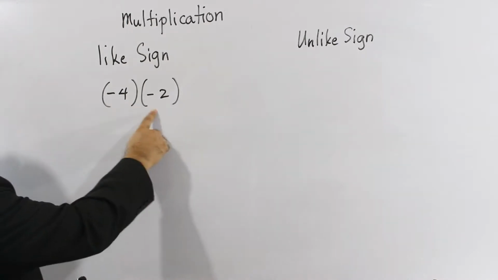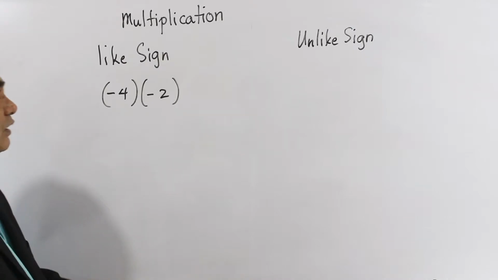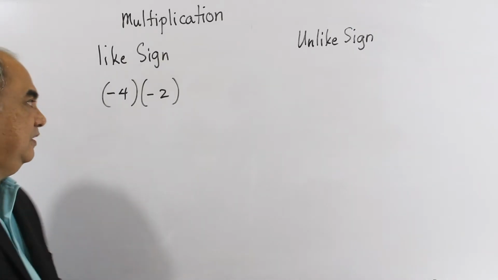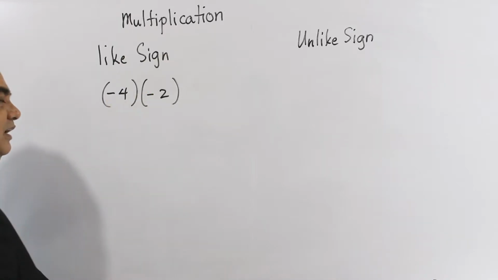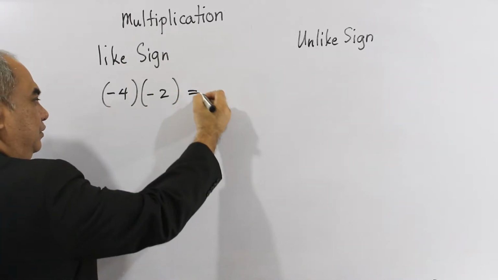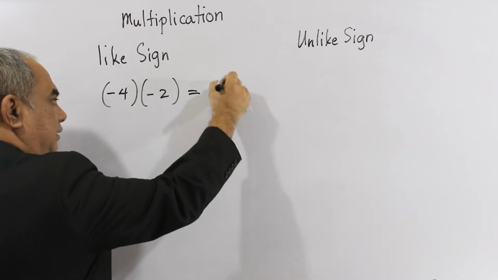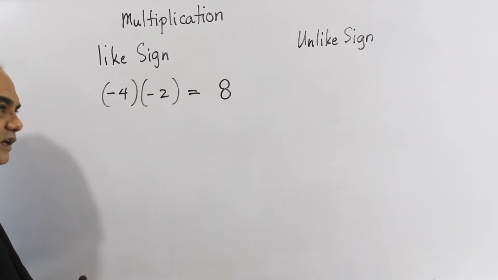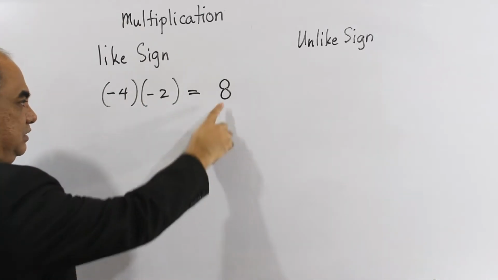So parentheses, or sometimes a dot, will signify that we are doing multiplication. So again, we have the same sign, negative 4 multiplied by negative 2. Let's get the product first: 2 times 4 will give you 8. And since they have the same sign, the answer is positive. So the product is positive 8.